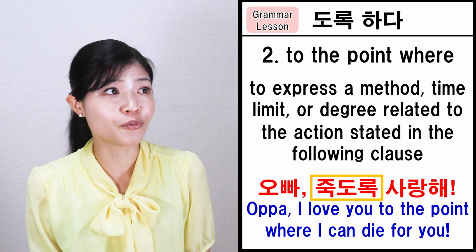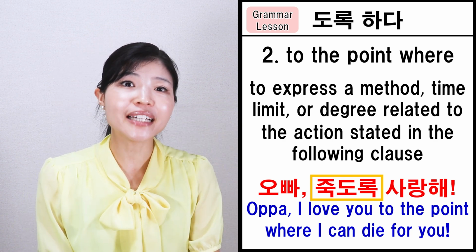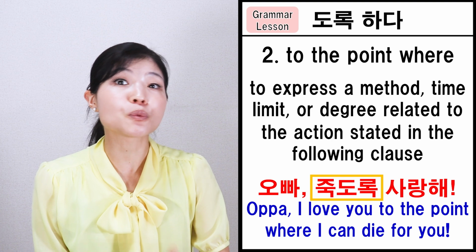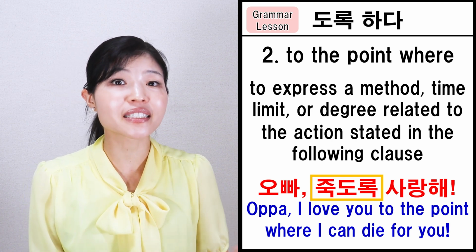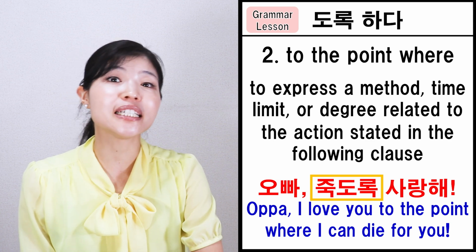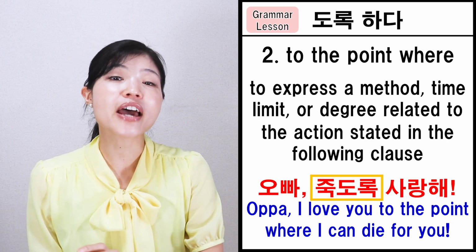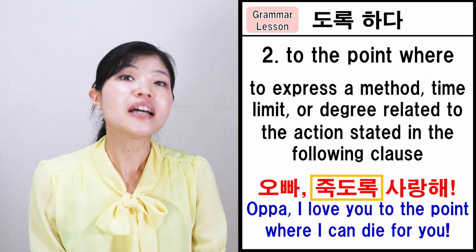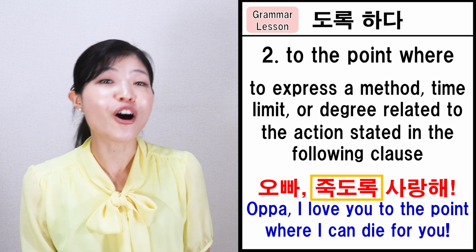Wow, this sentence is very extreme. Likewise, 죽도록, to the point where I can die, expresses the degree she can go for 오빠, right? So she is using 도록. Since there are two meanings for this grammar, you need to judge the meaning by context.